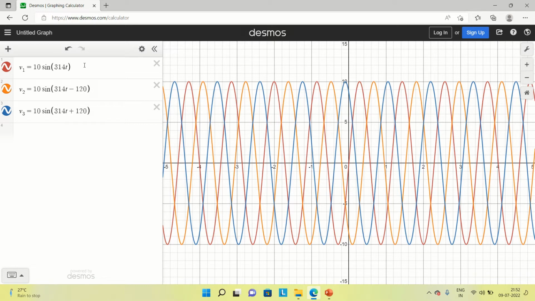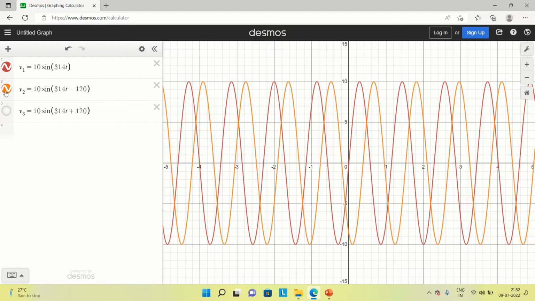That is what normally we see in three phase systems. For sake of clarity, I am representing only red and yellow here. Now have a look at this. Red color waveform is leading 120 degree from yellow color waveform, or in other words, yellow color waveform is 120 degree lagging from red color waveform, or R phase I can say.